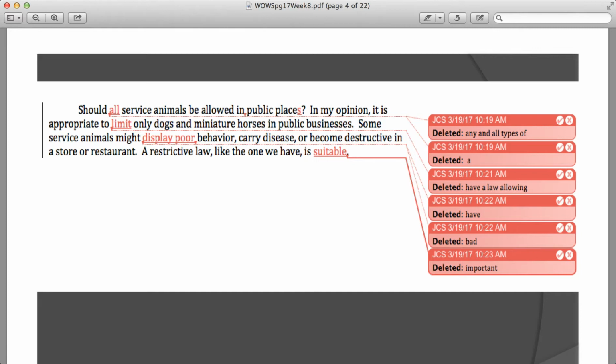So this was my paragraph to start my essay, and when I wanted to go in and STAR my essay, I wanted to start with the beginning, and so that would be starting with the letter S, which would be to substitute, to substitute one word for a better word. Now you can see here, I've actually tracked all of the changes that I've made over here, okay? I just think it'll be an easier visual for everyone to see what I did.